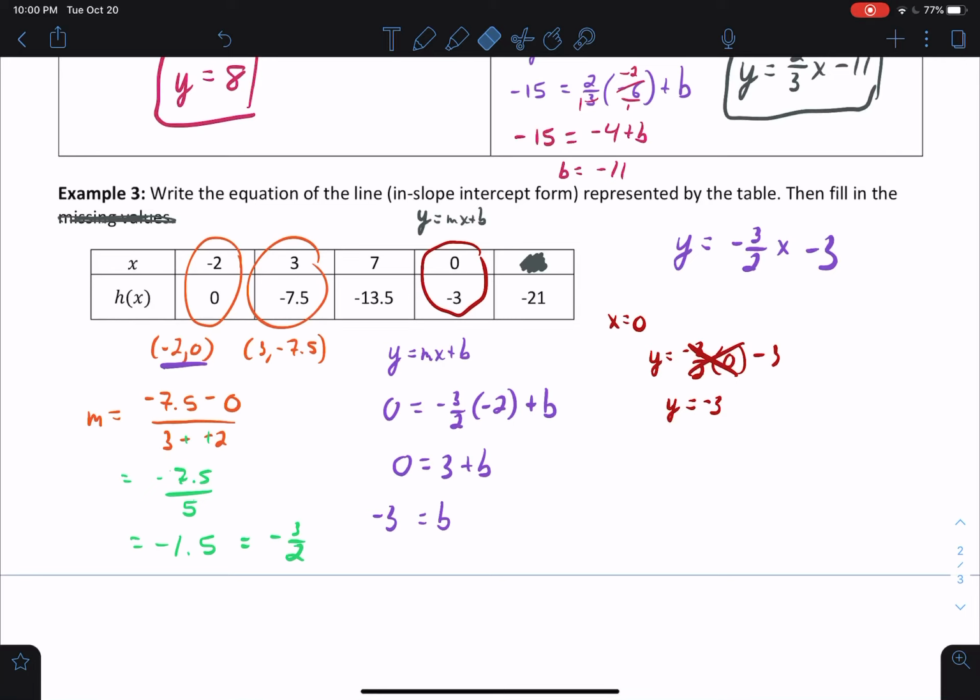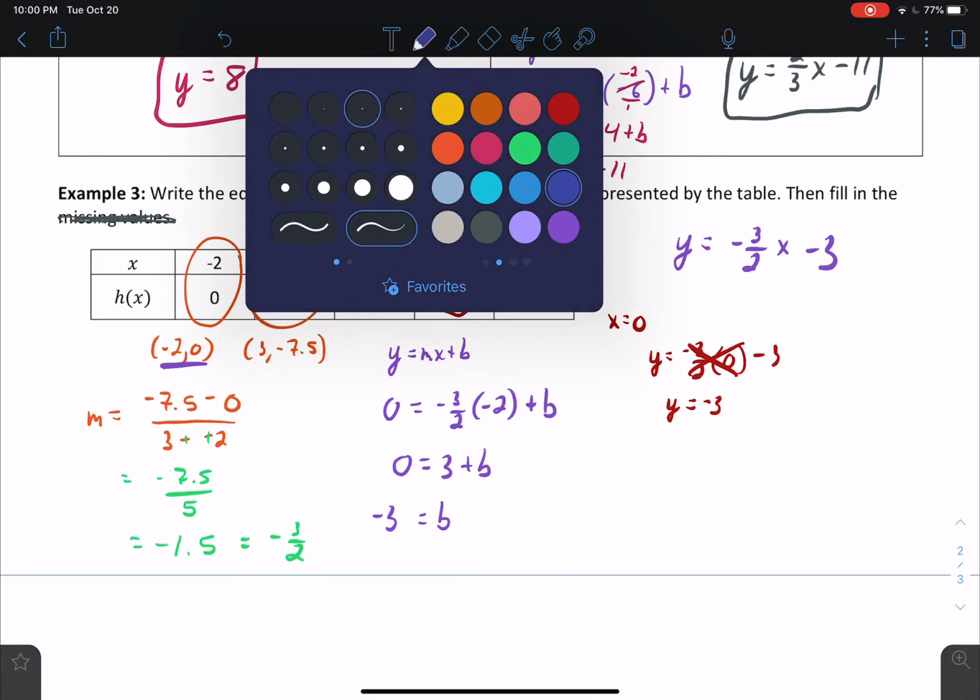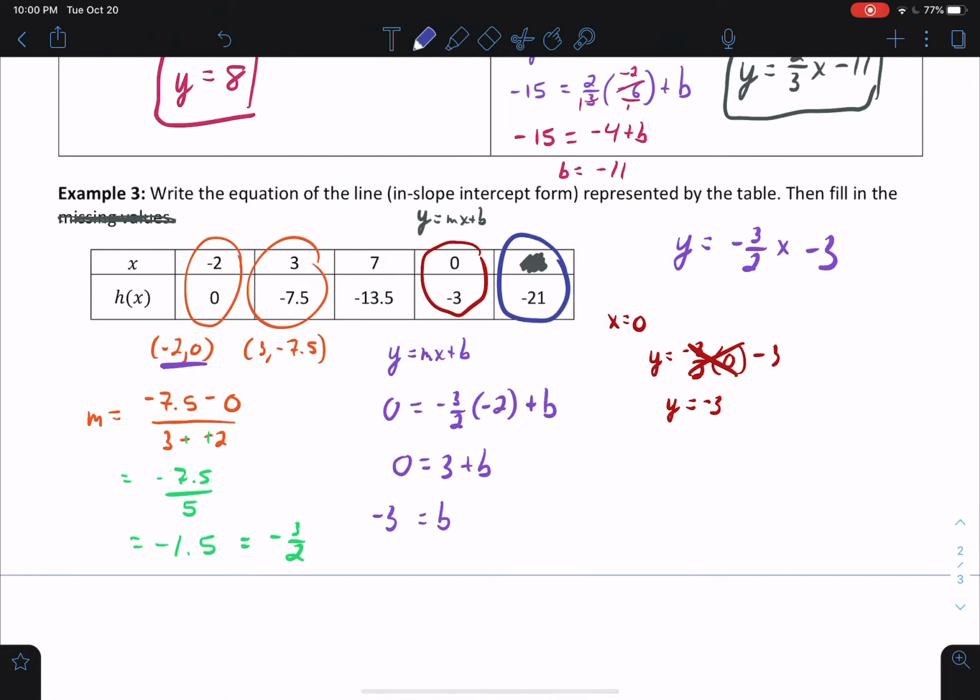Okay? What about in this part? What's -21 playing the role of? -21 is playing the role of h of x, or y. So everywhere I see a y, I'm going to plug in -21. Okay? So from here, add 3 to both sides.